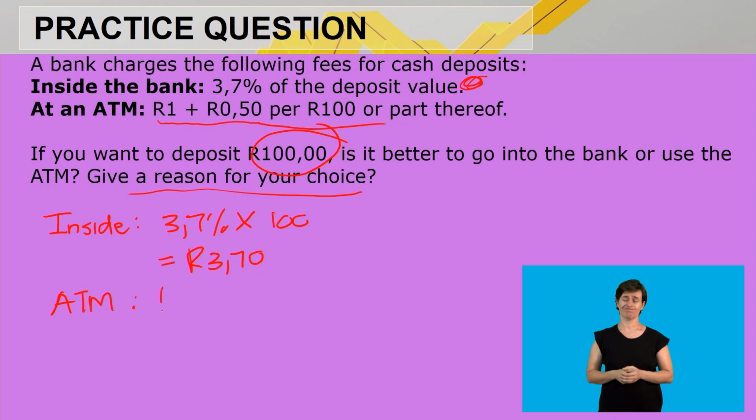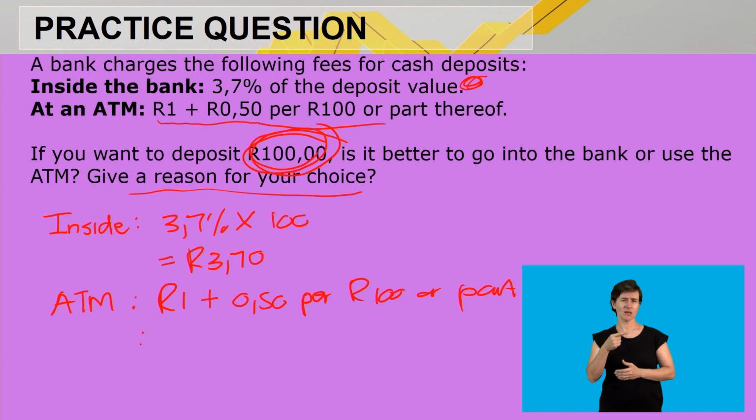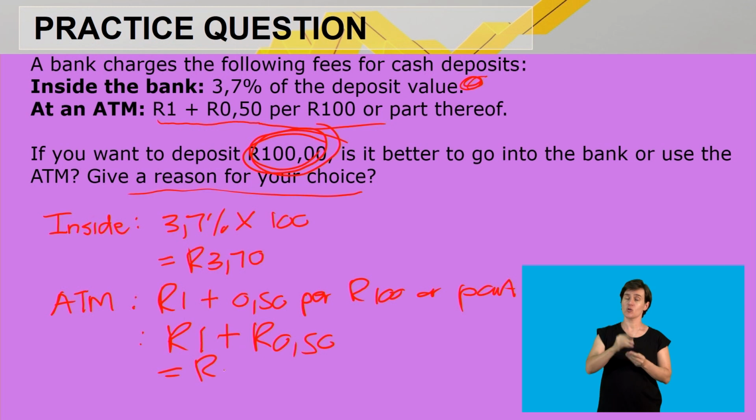Now the ATM is 1 rand plus 50 cents per 100 or part thereof. So how much are we withdrawing? We are only withdrawing 100 rand. So therefore, it is going to be 1 rand plus the 50 cents, which is 1 rand 50.